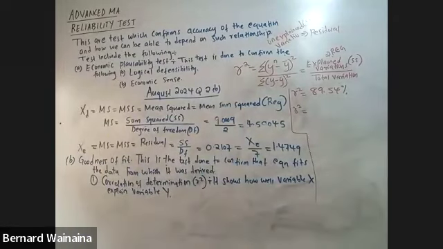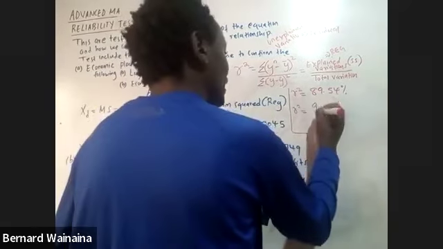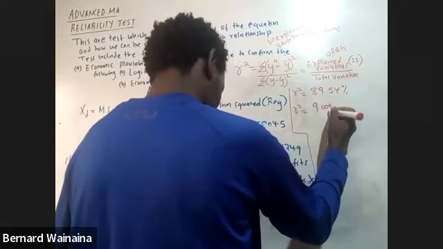Now from our question, what will be our explained variation from our ANOVA table? Remember, explained is the SS for regression. It is 9.009.